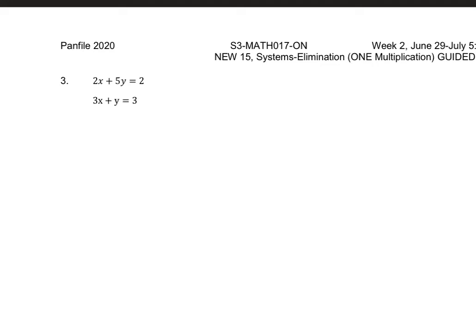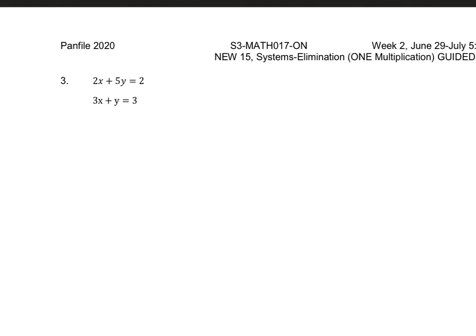Like in number 1 and number 2, I could say, okay, I have 4y and 4y. So I know that I want to cancel out the y's, or I want to zero out the y's. All I know is I need to change one of the signs.